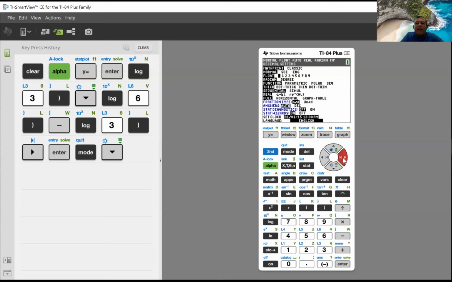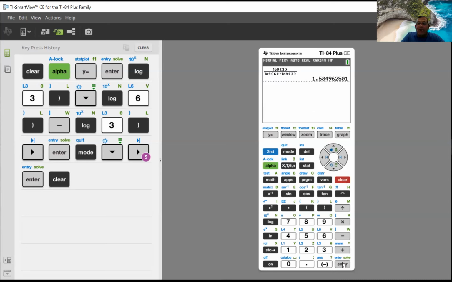So watch this. I'm going to put my cursor on a 4 and hit enter. So now 4 is highlighted. Since the 4 is highlighted, it's going to round all my answers to 4 decimal places. Watch this when I hit enter. 1.5850.